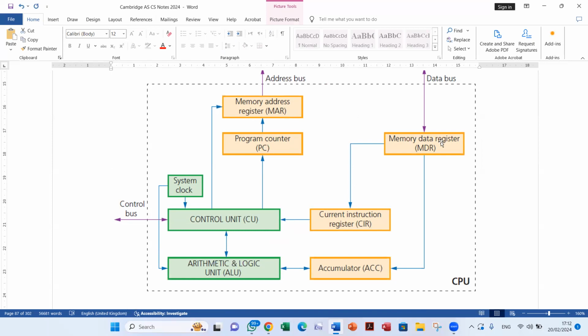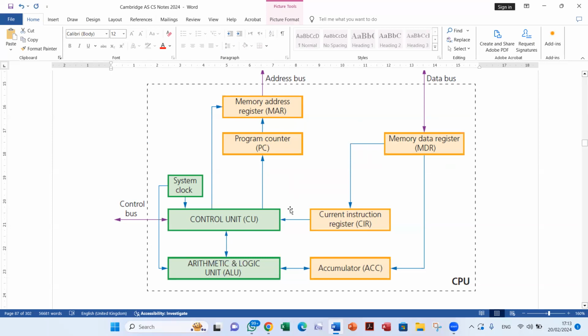And then it is copied to the current instruction register. The current instruction register is directly connected to the control unit, because when the instruction arrives at the CIR, it is already inside the control unit, and the control unit decodes and executes that instruction.